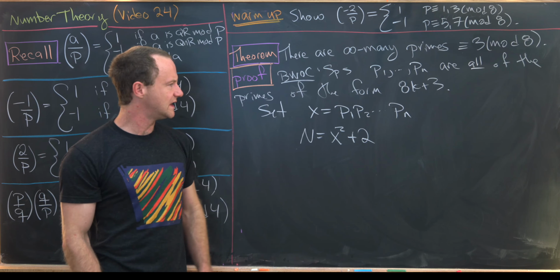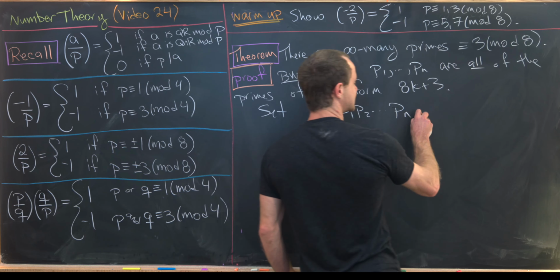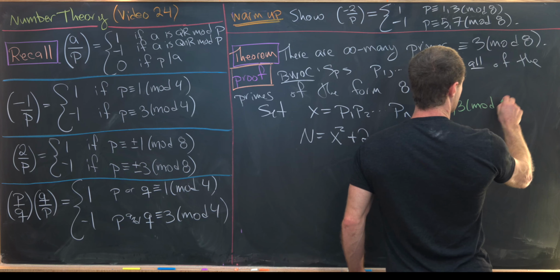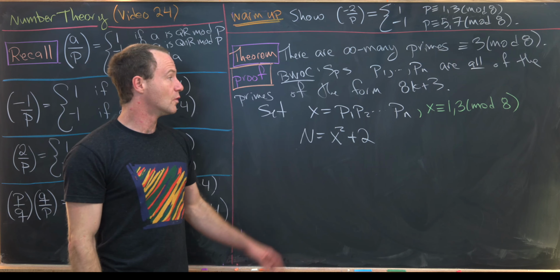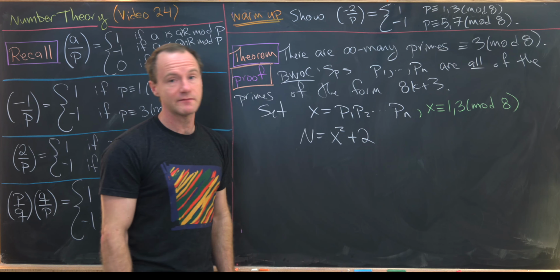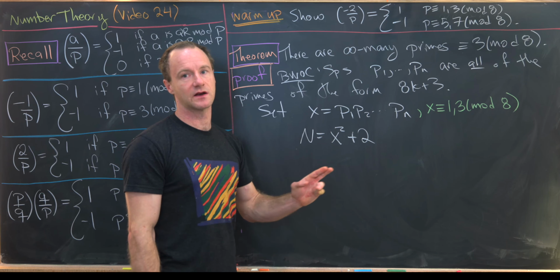Now before we keep going, I want to notice that this number x is congruent to 1 or 3 mod 8. You might say, well, how do we know that? Well, that's because if you multiply things that are 3 mod 8, they loop between being 1 mod 8 and 3 mod 8.